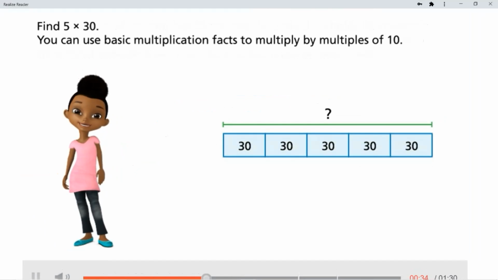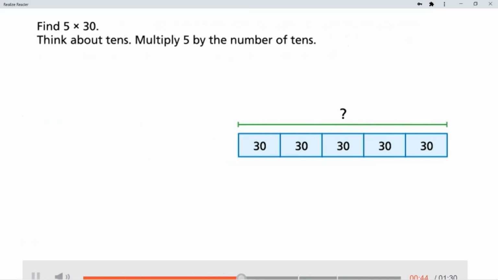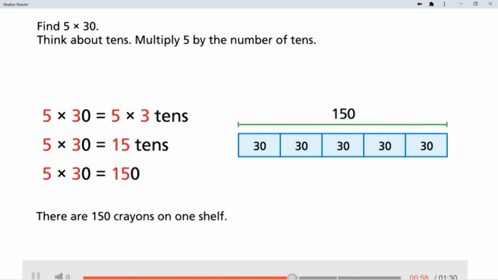Find 5 times 30. You can use basic multiplication facts to multiply by multiples of 10. Think about tens. Multiply 5 by the number of tens. 5 times 30 equals 5 times 3 tens, or 15 tens, or 150. There are 150 crayons on one shelf.